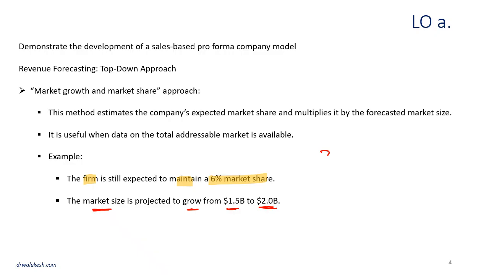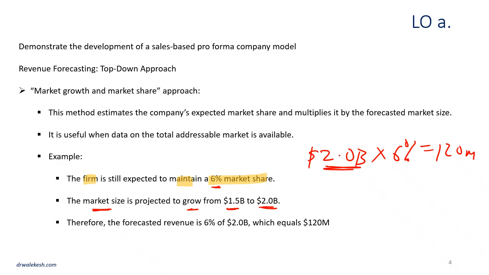That implies that out of these 2 billion US dollars, the firm owns 6% of this market size. So 6% of 2 billion would be 120 million US dollars. Thus, the expected revenue will be equal to 120 million US dollars.